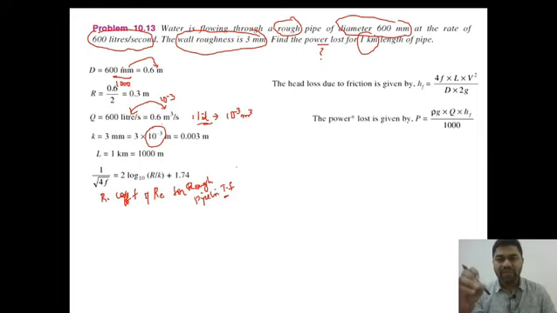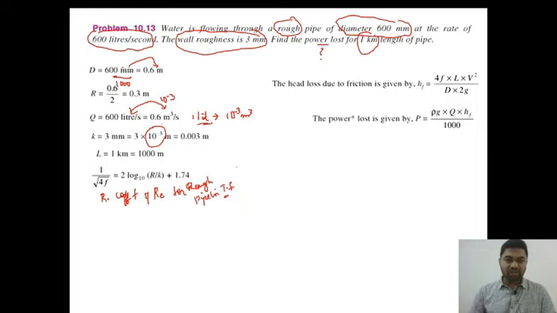Then we substitute into the power formula P is equal to rho g Q hf by 1000, where rho is density of water, g is acceleration due to gravity, Q is discharge, and hf is the head loss obtained from the above formula.